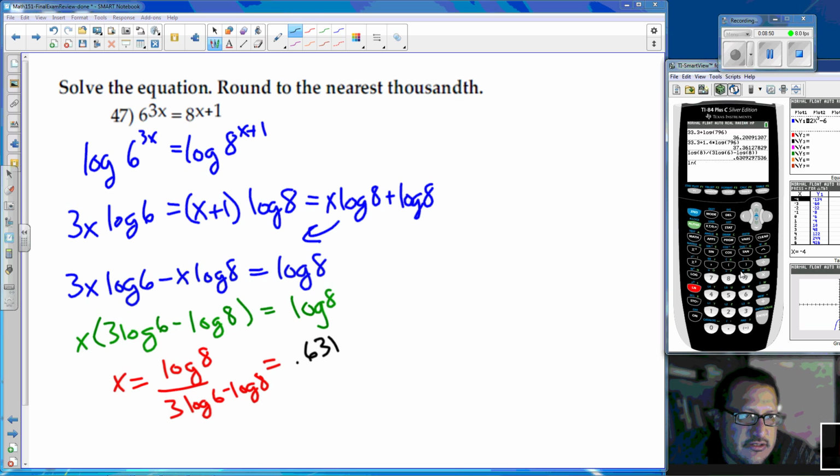Natural log of 8 divided by 3 natural log of 6 minus natural log of 8. Now you have to be consistent. If you start using natural log, you've got to use natural log all the way through. But voila, the same thing.